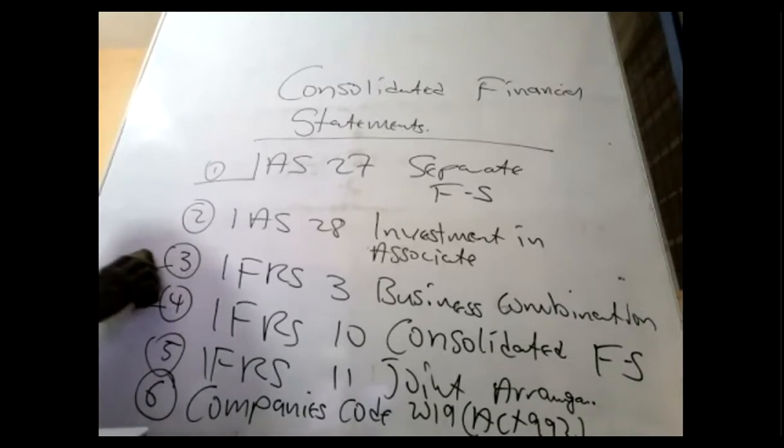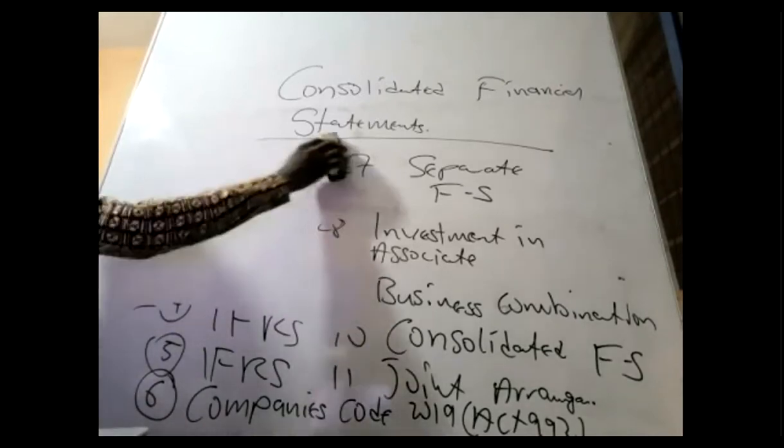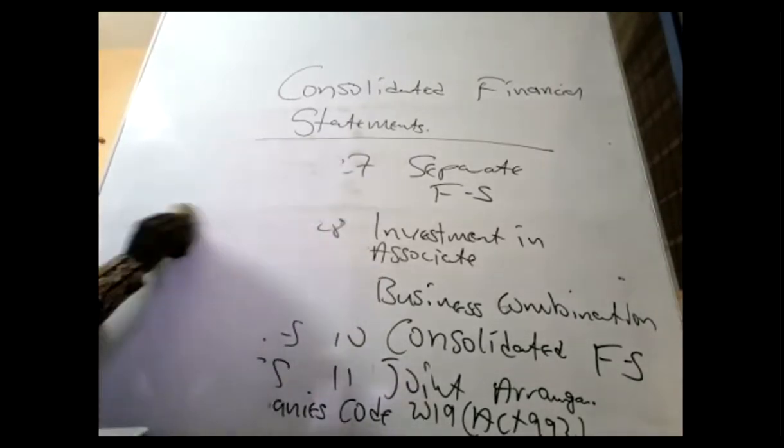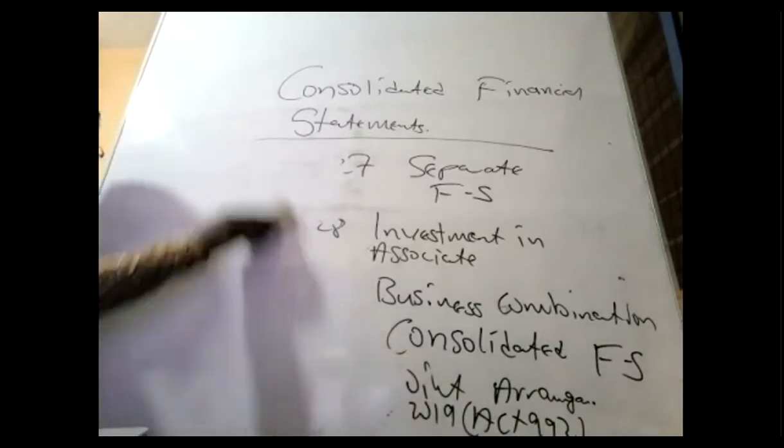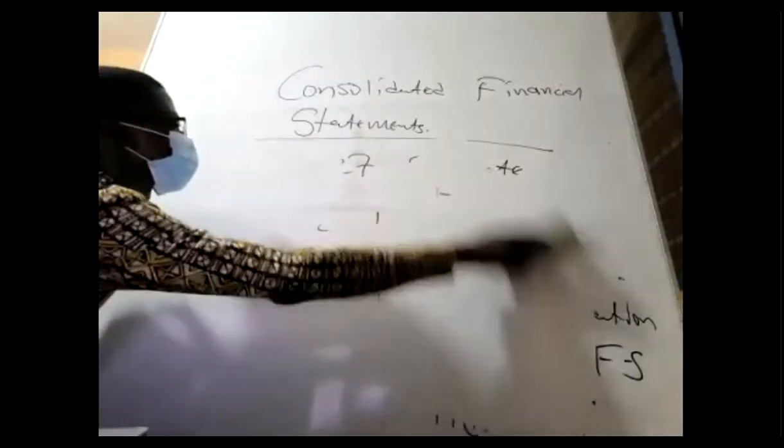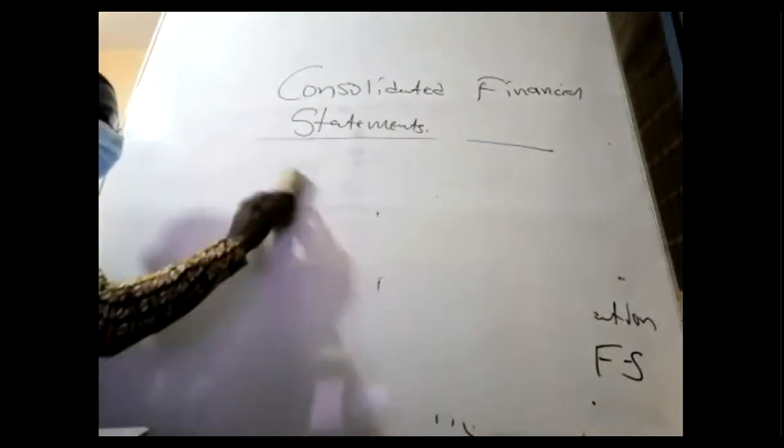Okay, so let's quickly go through the fact that consolidation is an example of what? Substance over form. So why is consolidation a substance over form? Let's see the substance, let's see the form.